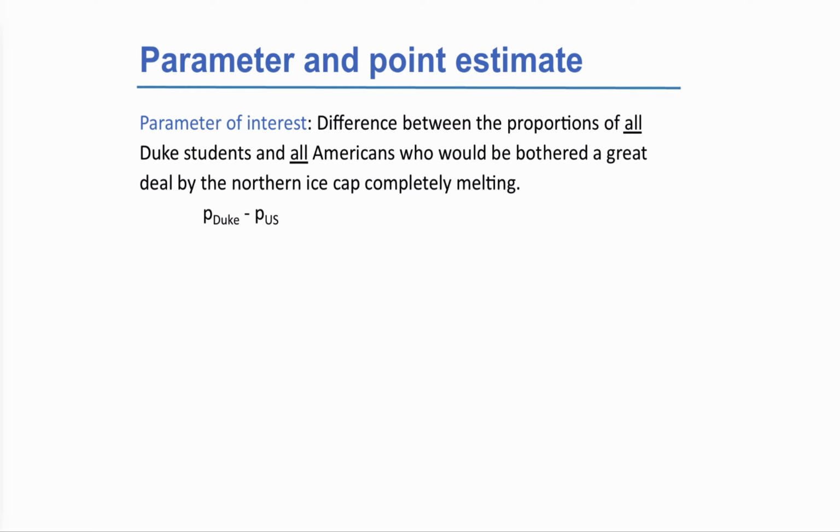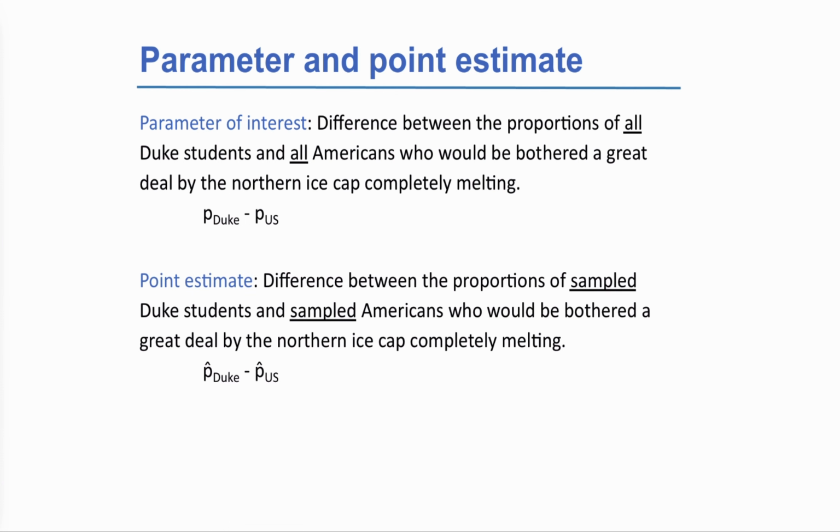So our parameter is the difference between the proportions of all Duke students and all Americans who say they would be bothered a great deal by the northern ice cap completely melting. And our point estimate is the difference between the proportions of sampled Duke students and sampled Americans who would be bothered a great deal by the northern ice cap completely melting.